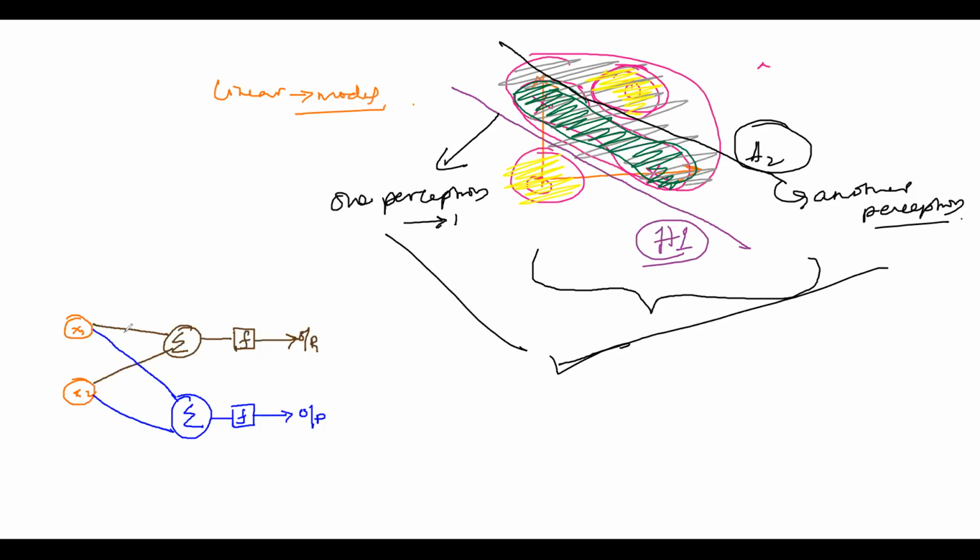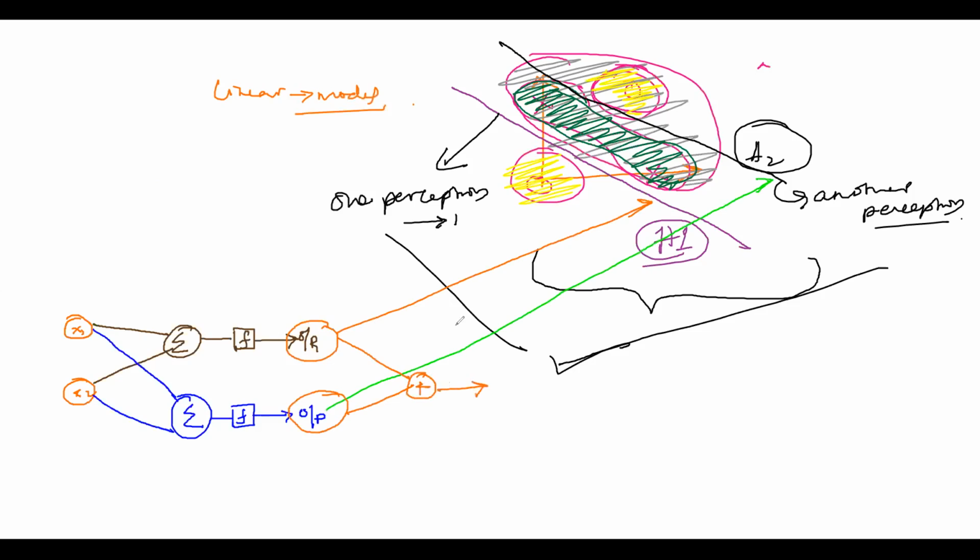So this one will give the output one for this hyperplane, and this is giving me the other one for this hyperplane. Now I have to merge these to deduce my whole result.